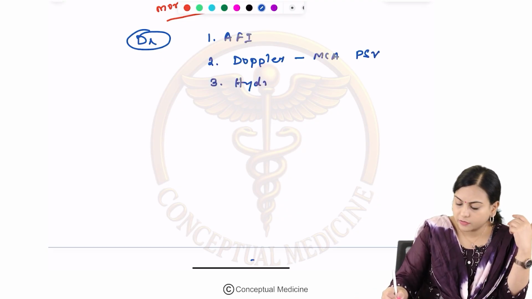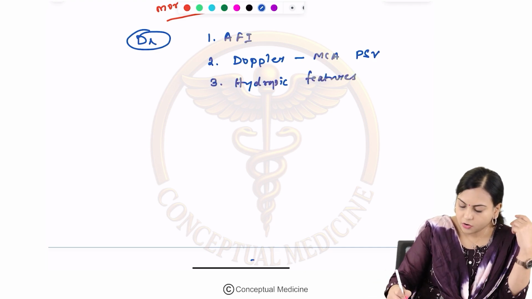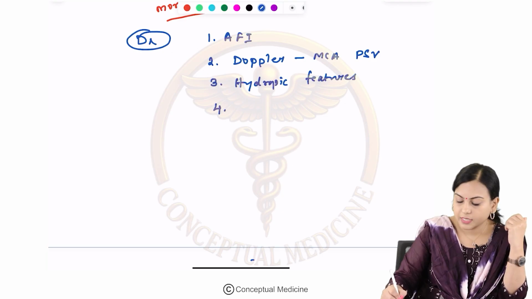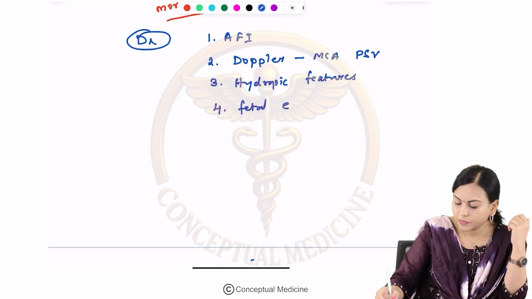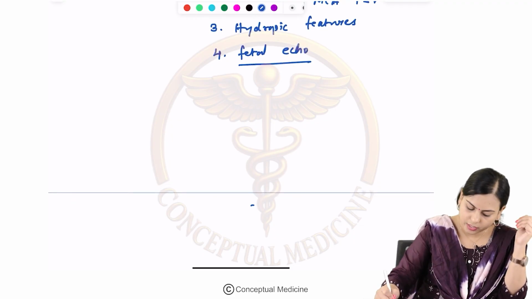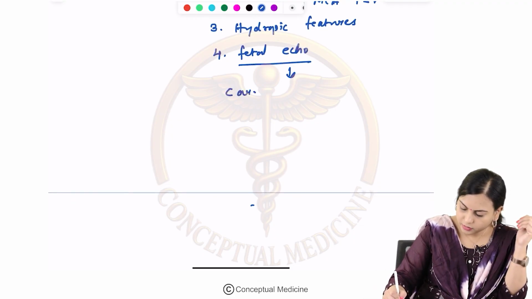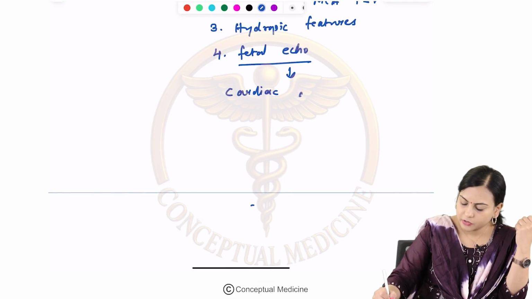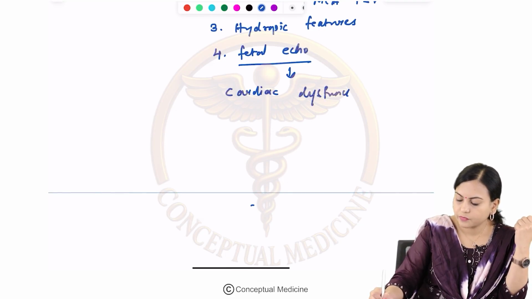Then you can check if either of the fetuses have hydropic features, or sometimes fetal echo can also be done because the recipient can go for cardiac dysfunction. So that is circulatory overload, right? So cardiac dysfunction in the recipient twin.